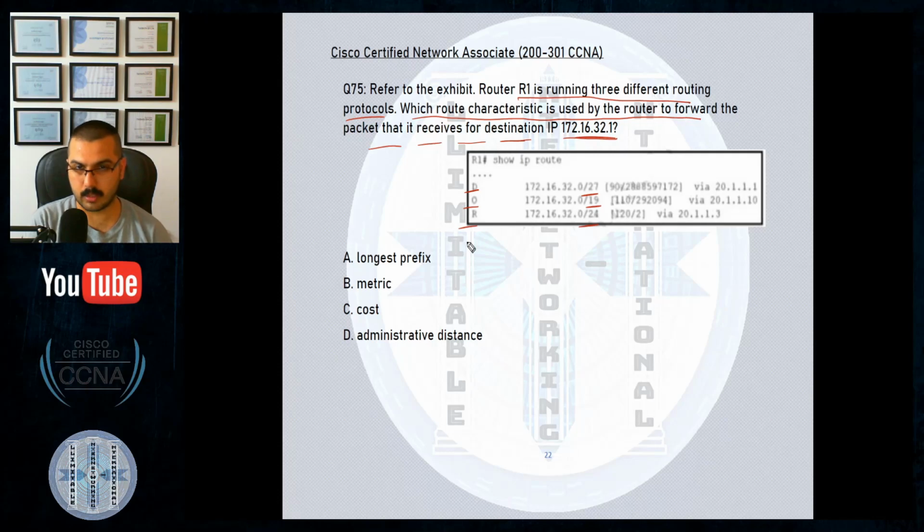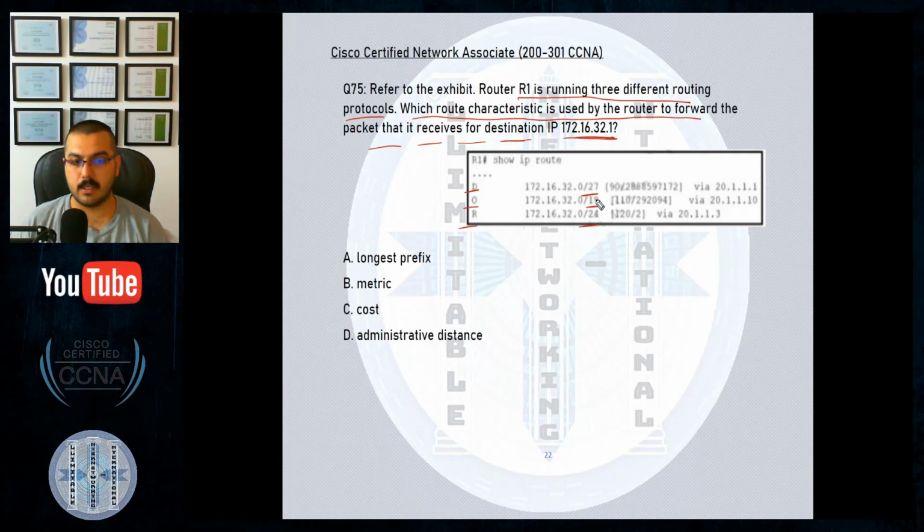Just like I've mentioned 2 minutes ago, if all the subnet masks were equal, then we will take the lower AD of the different protocols. If the subnet masks were different, then the one with the biggest subnet mask, with the longest match, will win. But it should of course include that address .1.